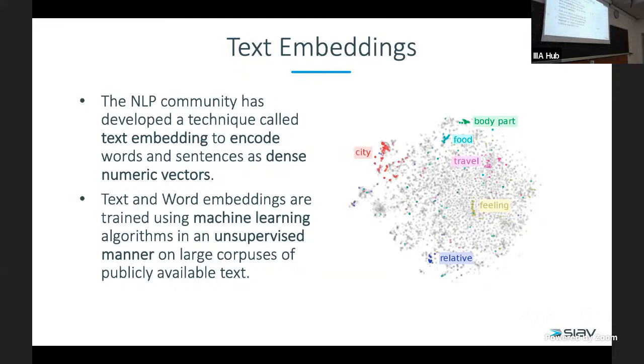Instead, with an unsupervised algorithm, we can take some publicly available text, like the corpus of Wikipedia, which is widely used to train the system, or if our customer were willing or allowed to give us their documents, we could train our word embeddings directly on the documents of our customer to get a solution tailored for their domain.